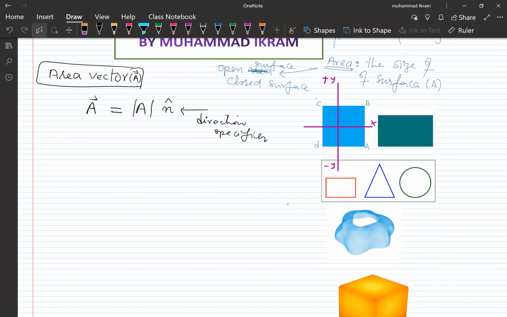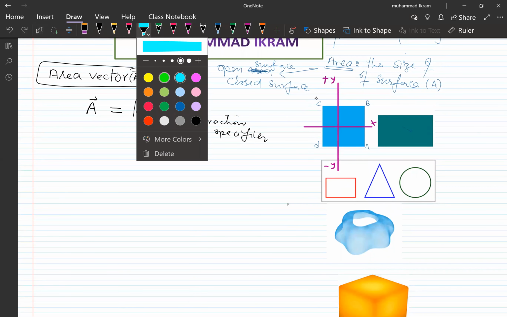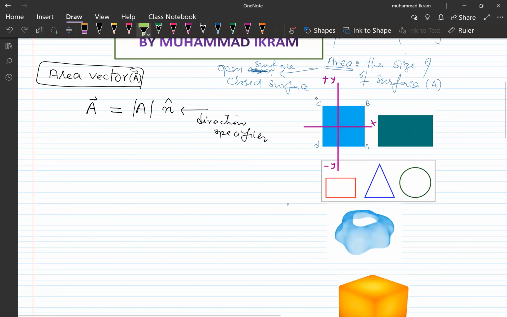If you apply the right hand rule, then if I consider this plane area along the x-axis, then according to the right hand rule, the curled fingers show the bounded area.